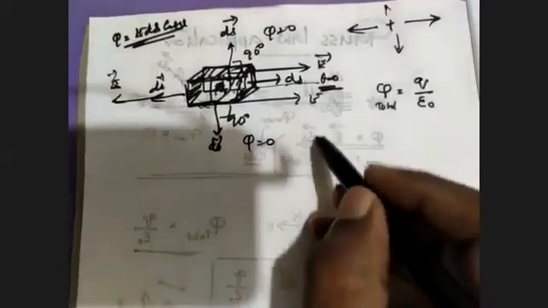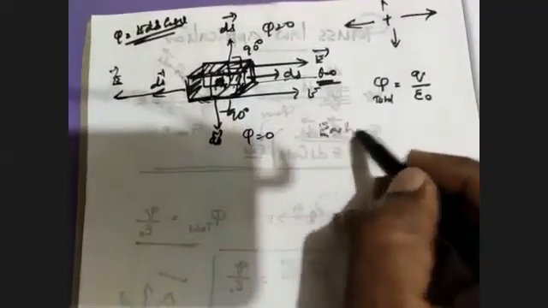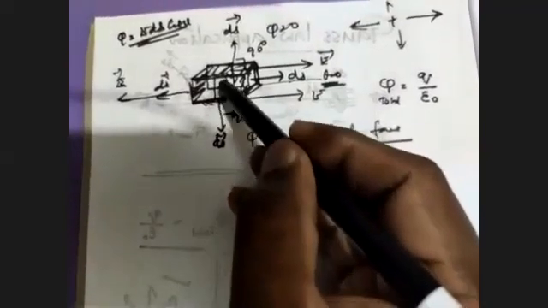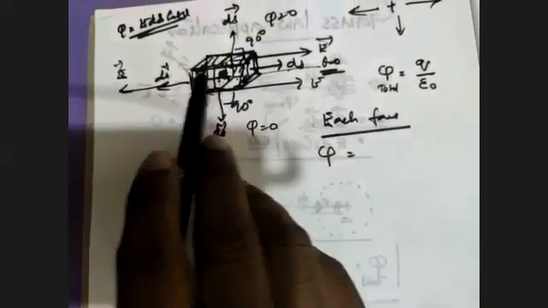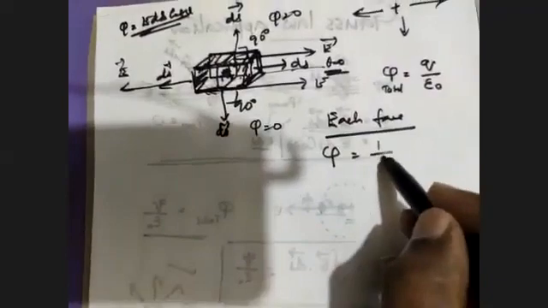But if they ask for each face, if a charge is placed at the center of one of the faces of the cube, what is the flux for each face? If they ask that, we all know that flux comes from these 2 surfaces only. So one among 2 surfaces we have to select.